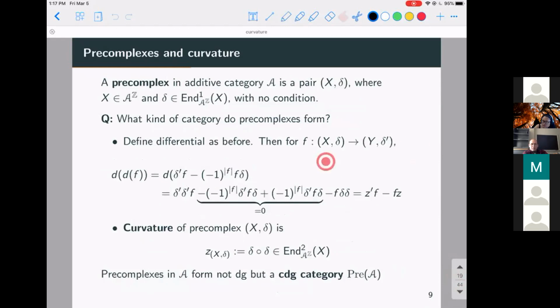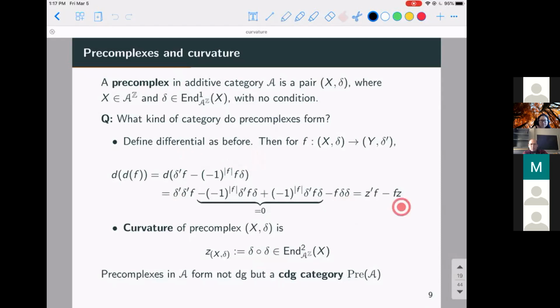If I have two pre-complexes and a morphism between them, and if I define the differential D as before, you can see the definition in parentheses here. So it's the usual kind of definition. If you apply the differential twice, you see, because delta squared is not 0, it doesn't vanish. So this is not a DG category.